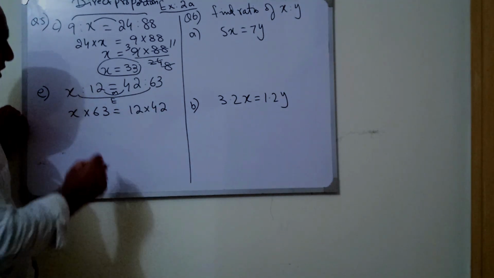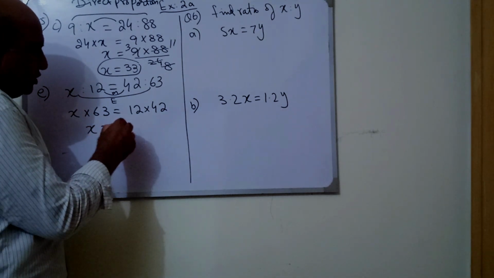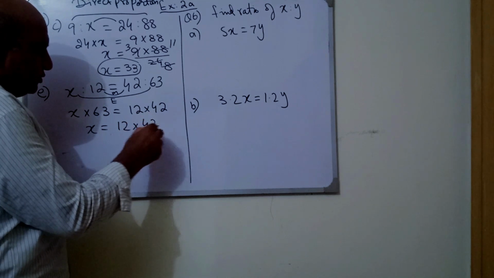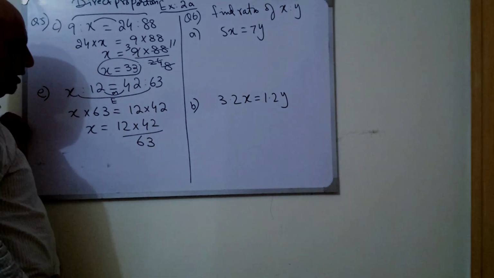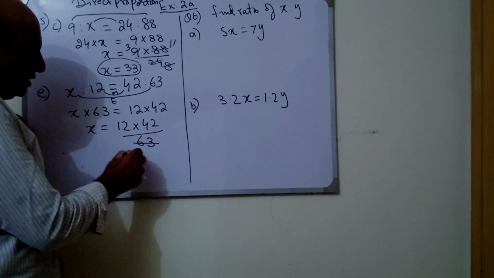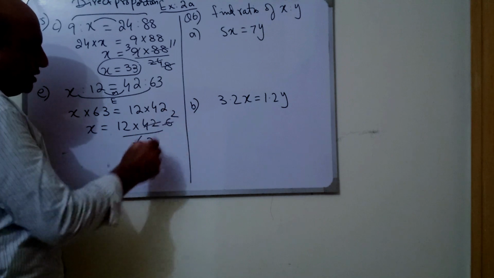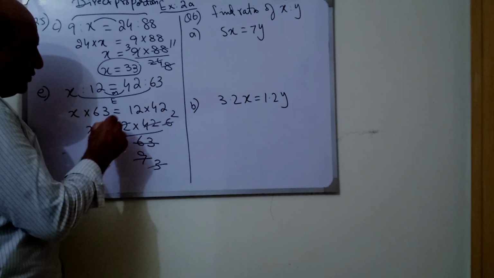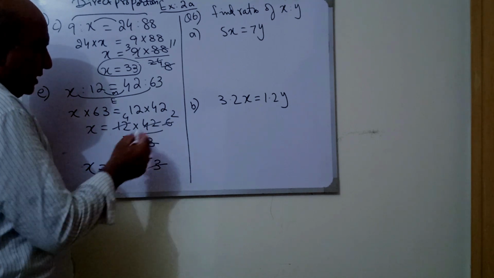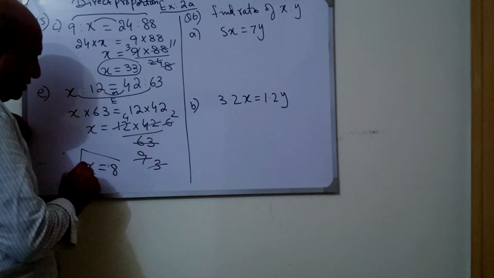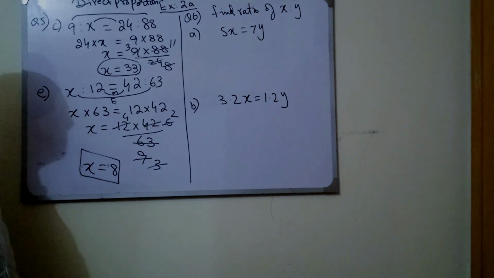Now, as we are going to find the value of x, we write it as 12 into 42 over 63. Now we cancel the numbers: 3 3s are 9, 3 2s are 6, 3 4s are 12, and 4 2s are 8. So here the value of x is 8, and here the value of x is 33.